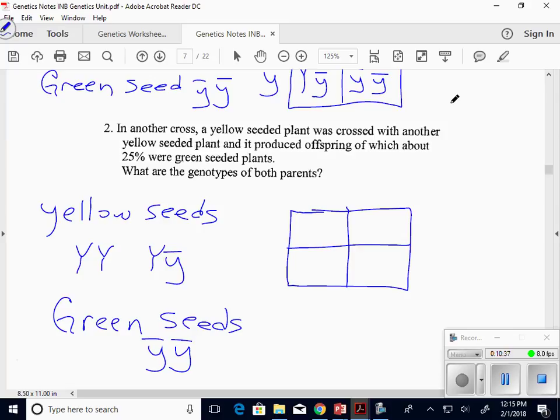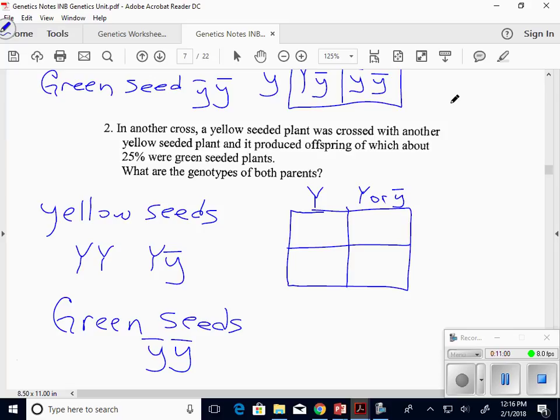So it says, a yellow seed plant was crossed with another yellow seed plant. So, a yellow seed has to be capital Y. This one could be capital Y or lowercase y, right? We don't know.